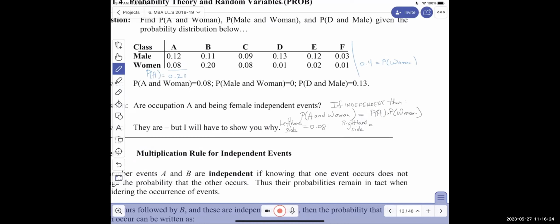Right, so I've calculated the probability of A and the probability of woman. Let's put them in the exercise here.